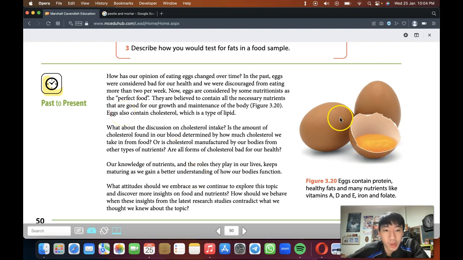It's true, eggs naturally contain a lot of cholesterol because that's important for the baby chicken to grow. But this cholesterol is actually useful in giving energy to us and also building our cell membrane, etc. But of course, eating too much of it is negative. So everything in moderation.